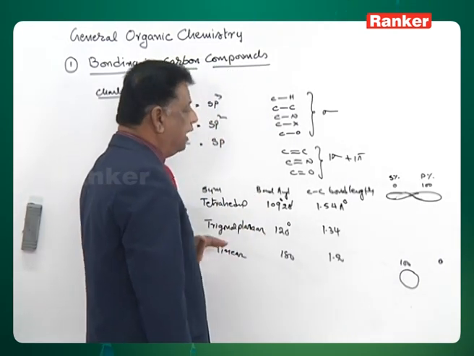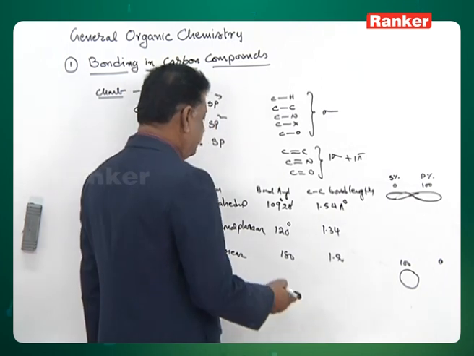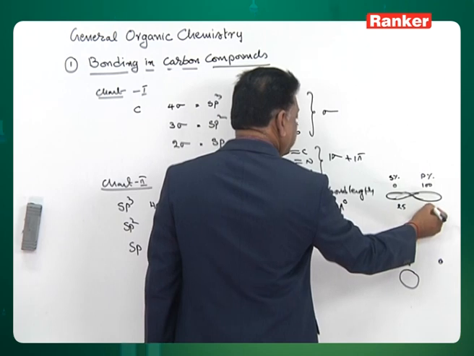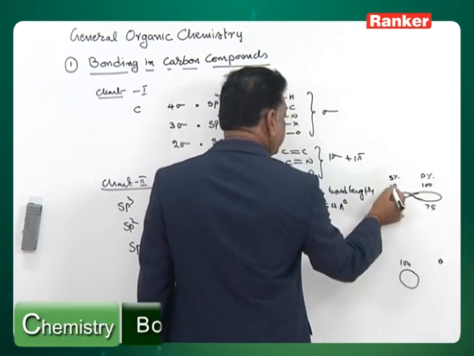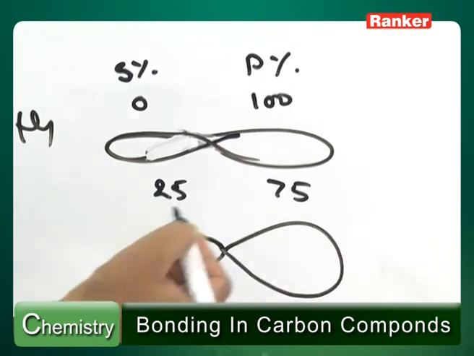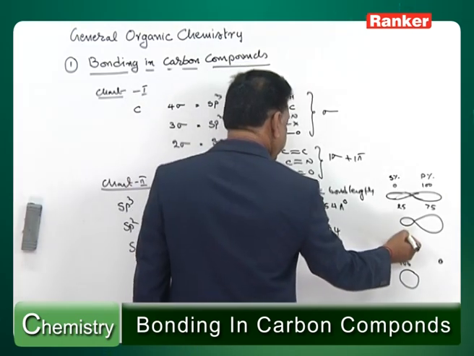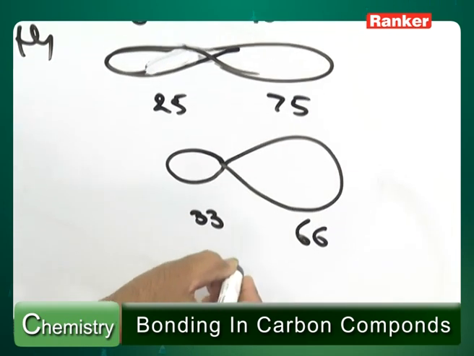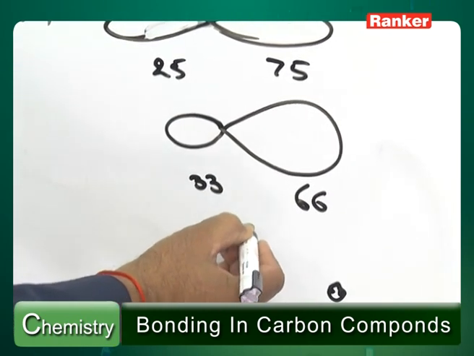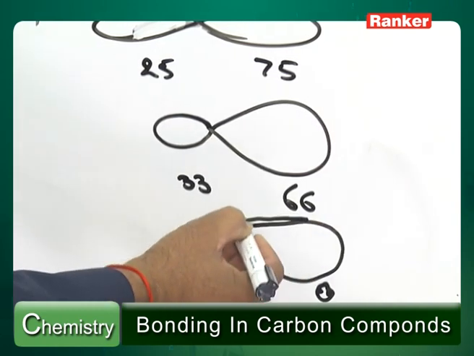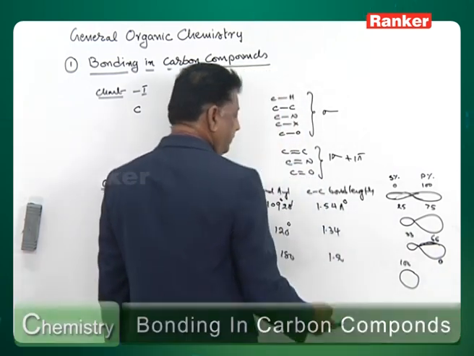Now, these 3 will have in-between percentages, like S character is 25% and P character 75, and this orbital is small. S has come now, P orbital is also there. As the S character becomes 33 and the P character 66, the S character is much more, isn't it, increasing. S means that the spherical shape is going on increasing.